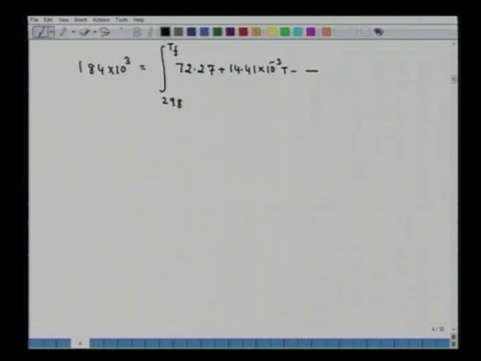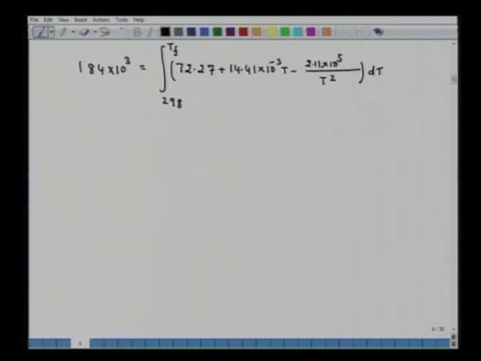So, if we do that, we have calculated 184 into 10 to the power 3 was the heat input, and that should be equal to heat output. 298 Kelvin is our reference temperature, raised to the flame temperature Tf, integration of 72.27 plus 14.41 into 10 to the power minus 3 T minus 2.11 into 10 to the power 5 upon T square, integrated over temperature dT.